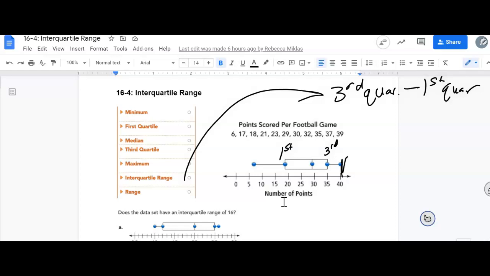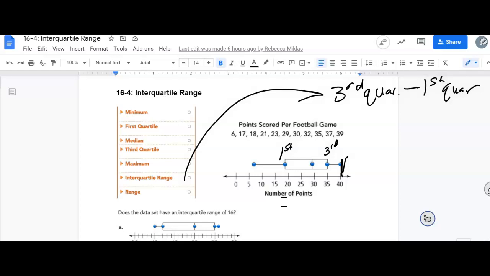Why might we use the interquartile range instead of the range? What is the point of finding the interquartile range when we already know the range? I want you to talk through that with your neighbor. Why would we use interquartile range over range?